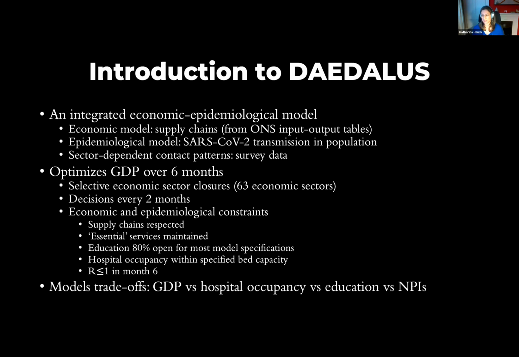So we optimize GDP in this application here over 6 months. And decisions are allowed every 2 months, and we respect the constraints that are imposed on the model so that we can make this constrained optimization work and optimize GDP.